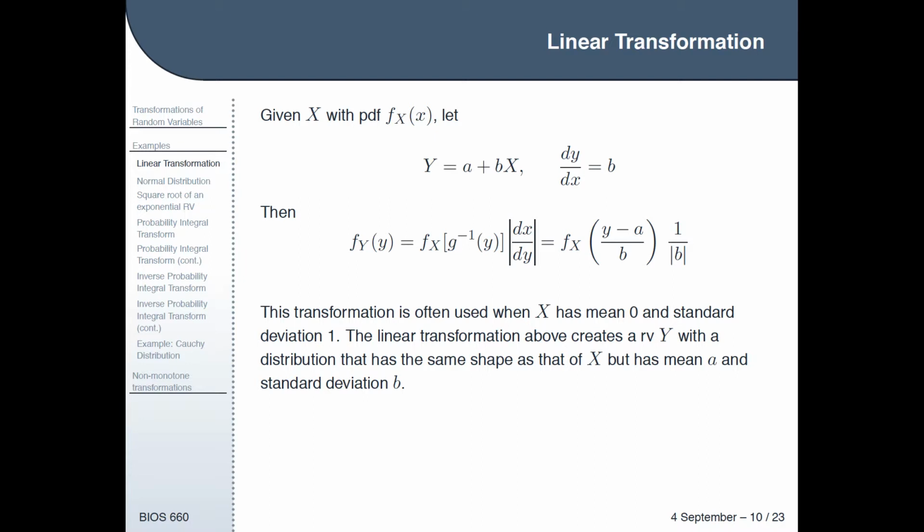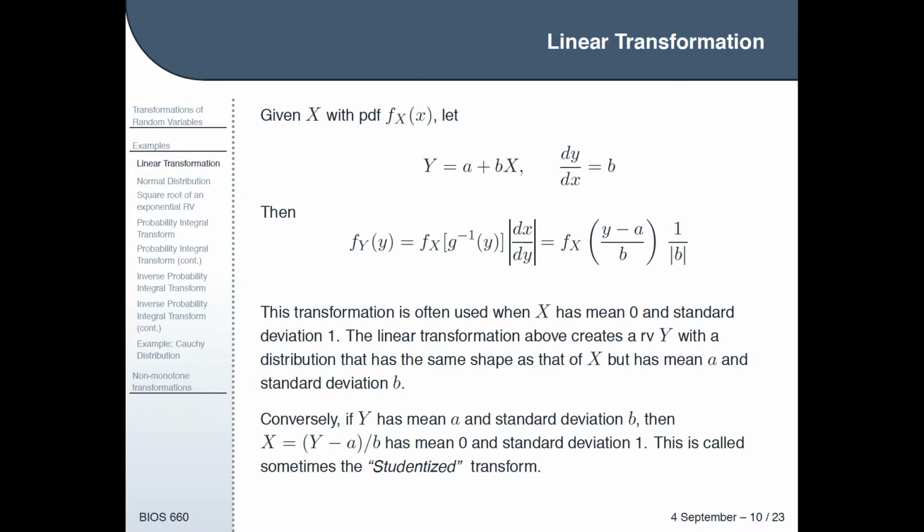It's most commonly used with the normal distribution, the old trick that if you have something that's normally distributed with arbitrary mean and variance, you subtract off the mean, divide by the standard deviation, and you end up with something that's normally distributed with mean 0 and standard deviation 1. Here is the formal derivation of that. In fact, I'll show this example in more detail in the next slide.